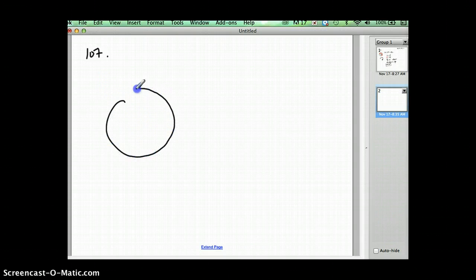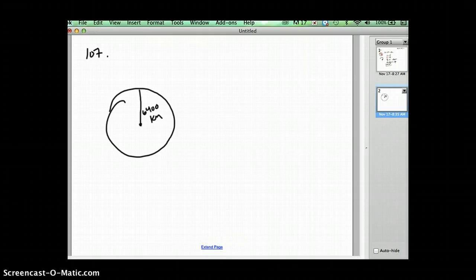Okay, now my drawing is not going to be wonderful, but here's Earth with a radius of 6,400 kilometers. I know that looks like a 9. I'll rewrite it. 6,400 kilometers.